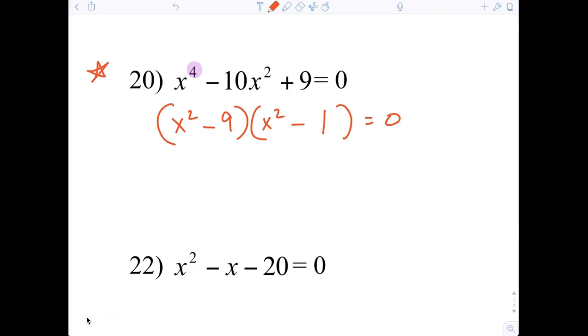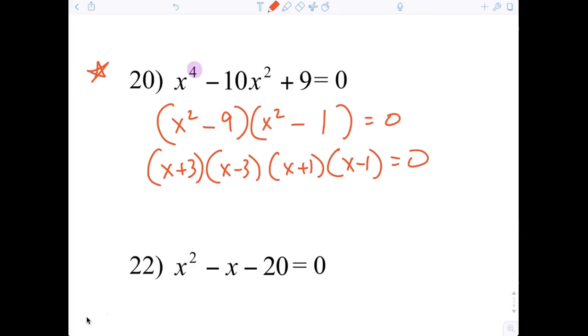The x squared minus 9 breaks down to x plus 3, x minus 3. Good job. Now remember, x equals, I prefer that you write plus or minus 3 or plus or minus 1. That's what we're looking at.